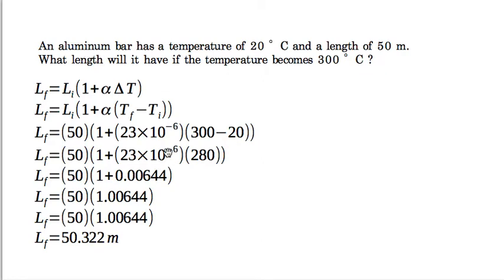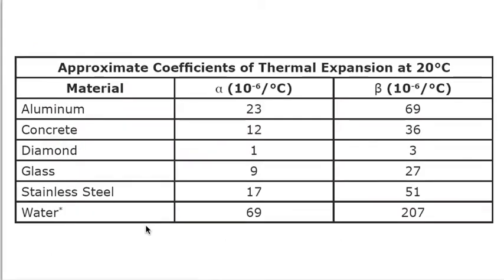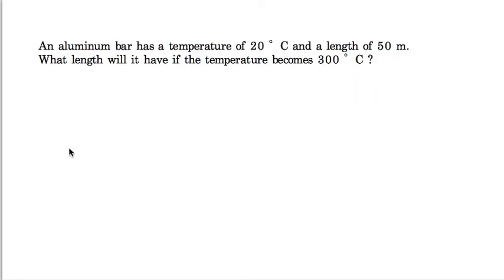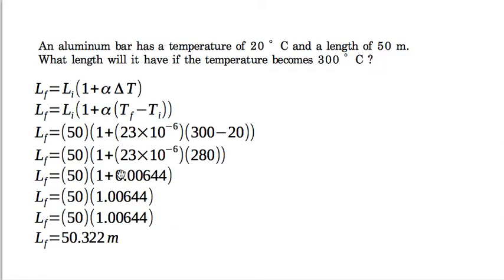If that bar would have been silver, well, it's not here. If it would have been, for example, steel, you would use this number actually. And that's why in this case we got to use 23 times 10 to the power of negative 6.